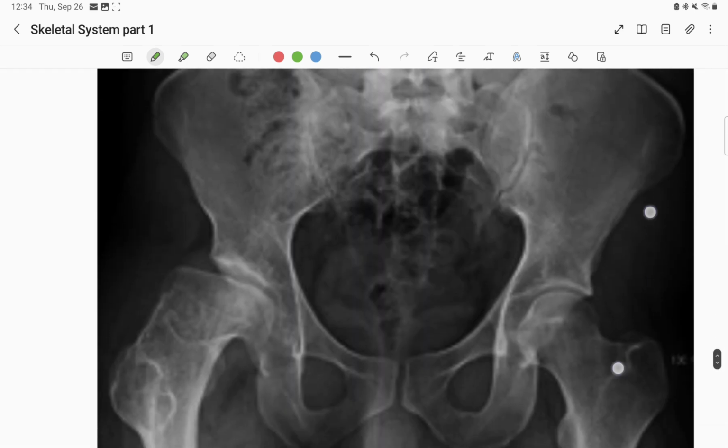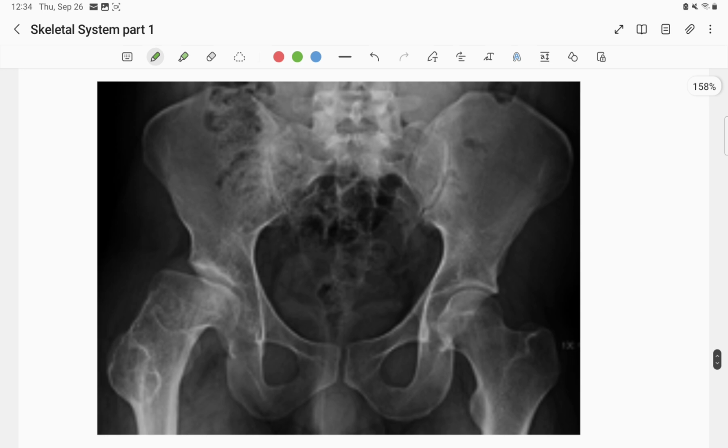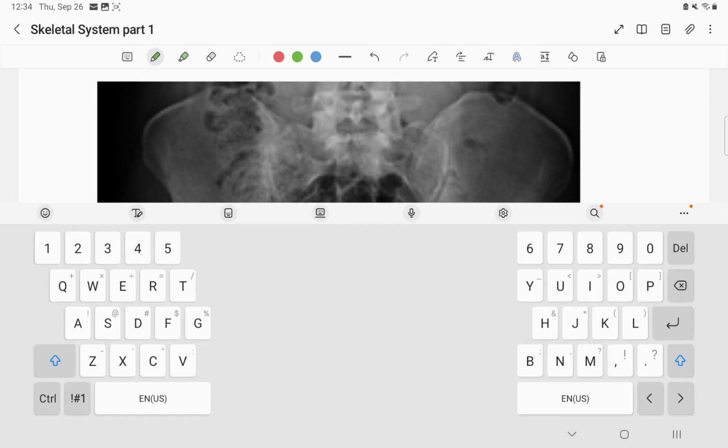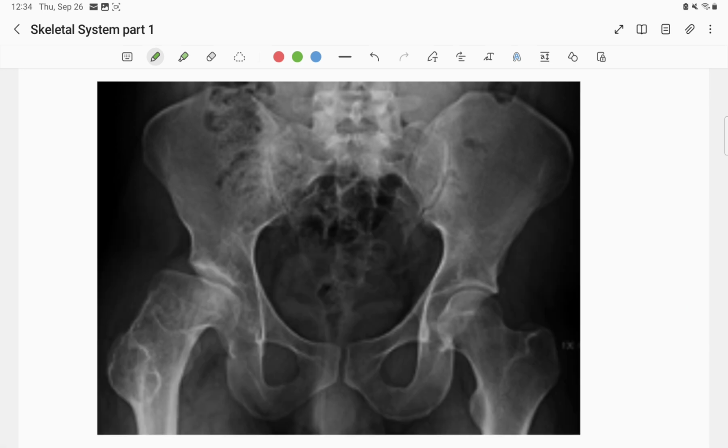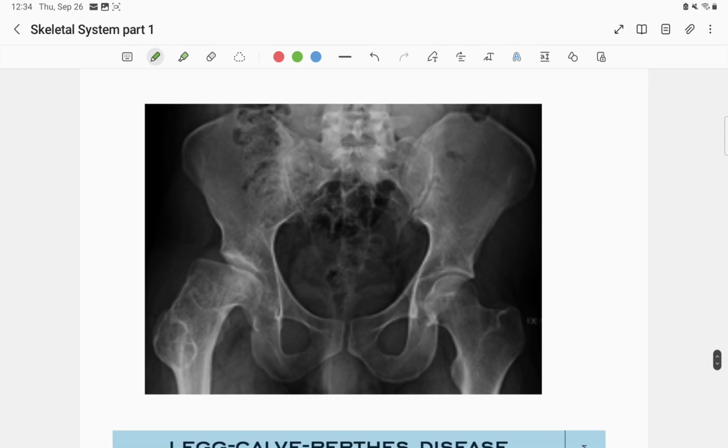Okay, so remember your first rule of looking at an image is what am I looking at? And this is a pelvis. Okay, you can see the hips. And so we're going to call this side number 1. We'll call the other side number 2. And if you look at both sides, look at number 1 and look at number 2, you'll see a difference.